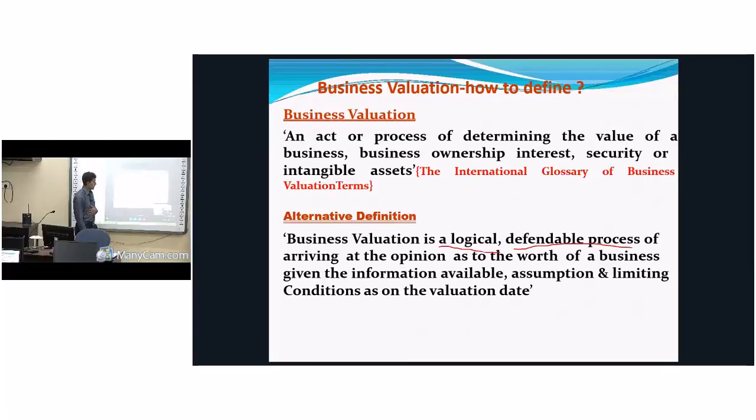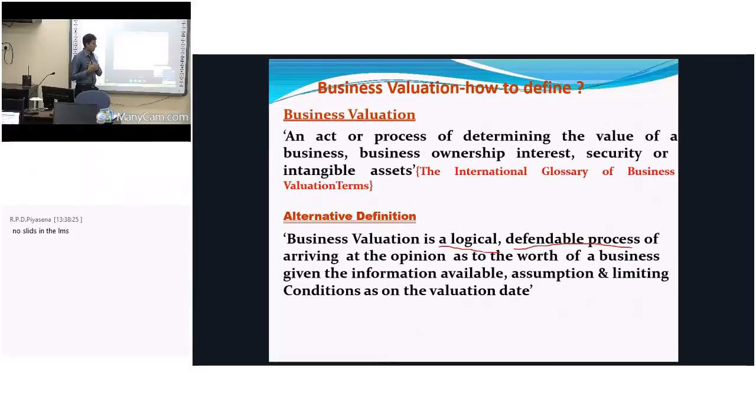In other words, let's say John Keel's Holding as a company, you have been asked to give a value. Let's say I'm telling this is worth this many millions. Another person will come up with another way of thinking and he will say a different value. So therefore, for me to tell this is the amount, I should have a logical and defendable process. I should have why I am telling this particular value, same as the other person.